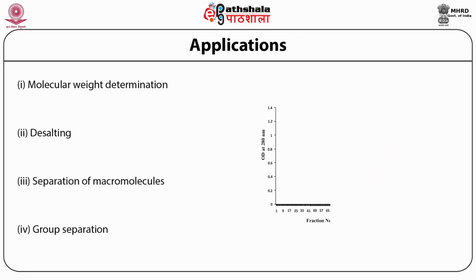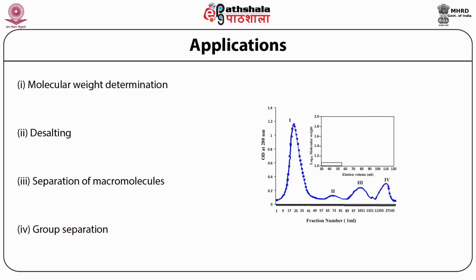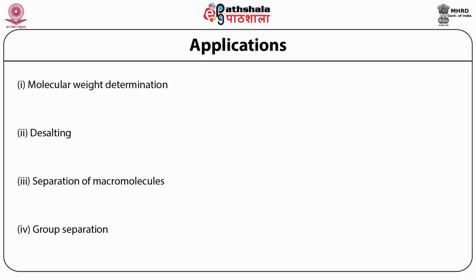Gel filtration chromatography can be applied for determining molecular weight of a protein or a substance, for desalting, for separation of macromolecules, and for group separation. For molecular weight determination, gel filtration chromatography is widely applied. The molecular weight of a given protein is estimated by comparing its elution volume with that of known protein standards.